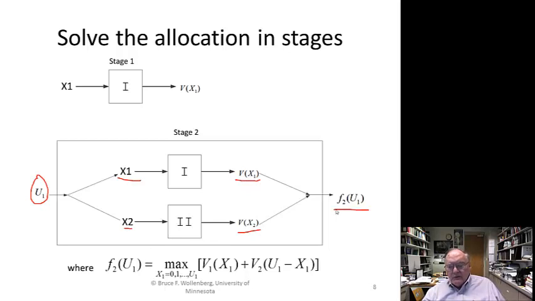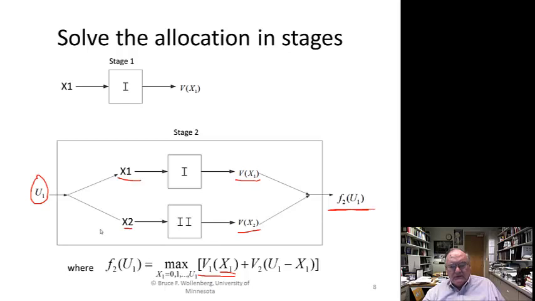Now, the maximum over here is the maximum of V1 of X1, and if I allocate X1 to V1, then the other one is X2 equal to U1 minus X1.